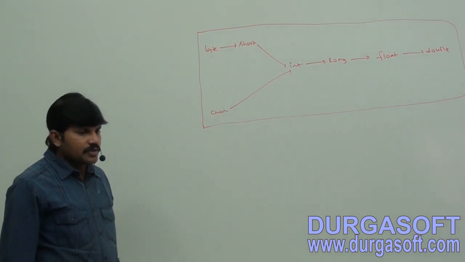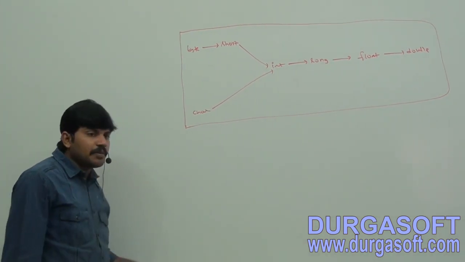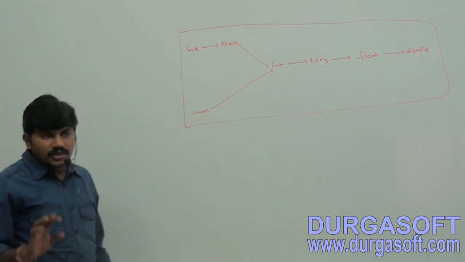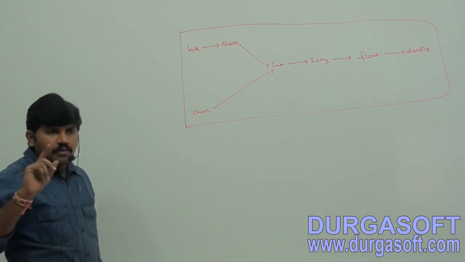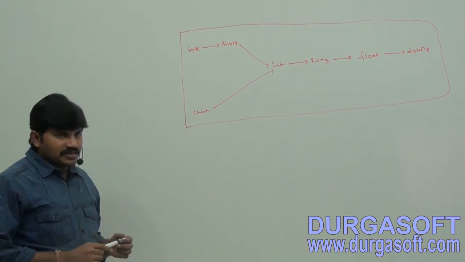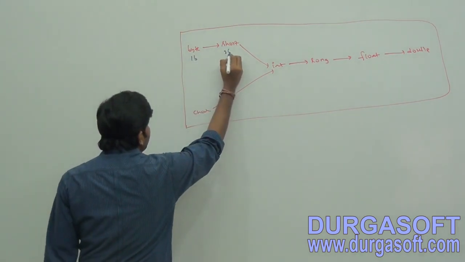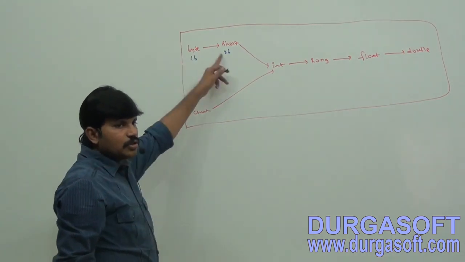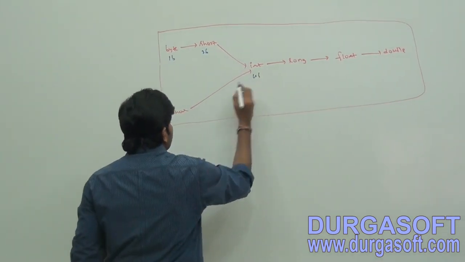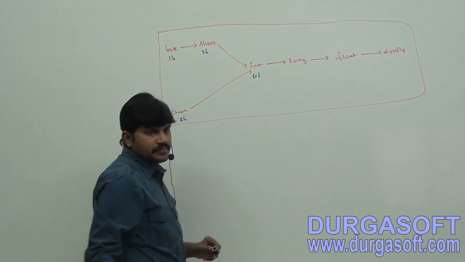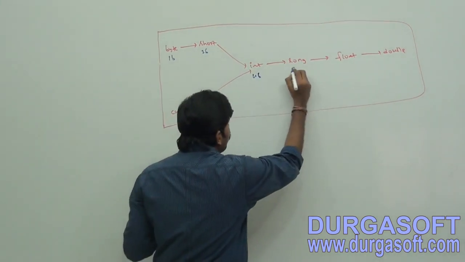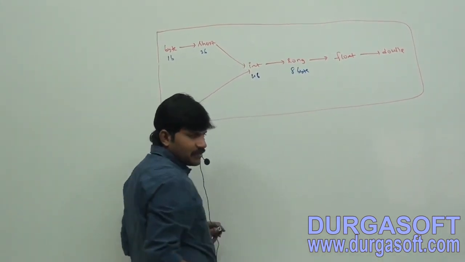Are you getting? So this diagram you should compulsorily be aware of, minimum 20 times we are going to use it in our next classes, right? But here one doubt you may raise. Sir, 1 byte to 2 byte, no problem. 2 byte to 4 byte, 4 byte to 8 byte, acceptable.